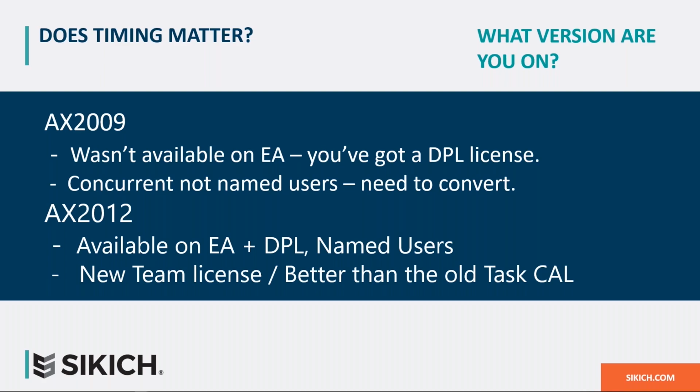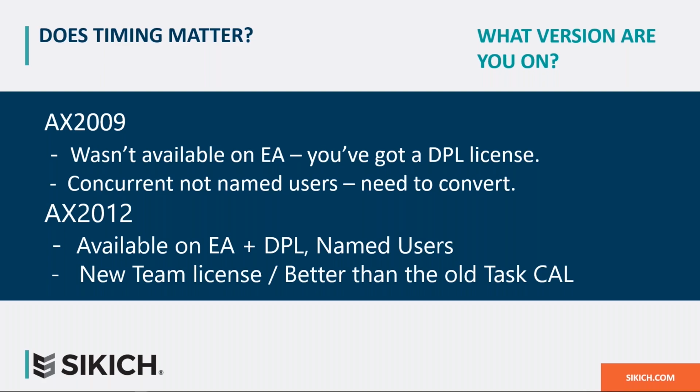And the task and team users are similar, but do know that the team users in D365 are pretty special now. They can provide read access to the system, which of course under 2012 we never had that option. The team users also work incidentally across finance and operations and customer engagement, which is CRM.